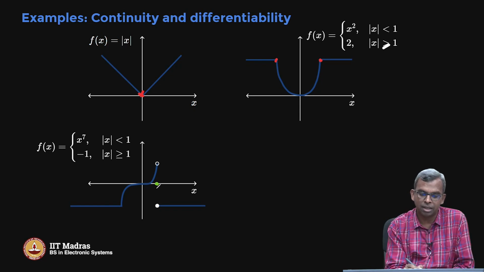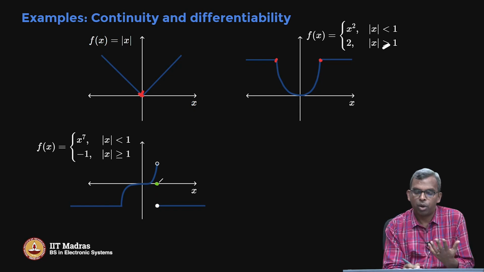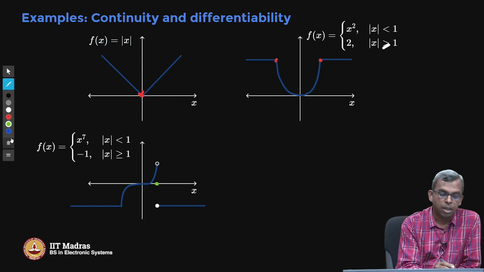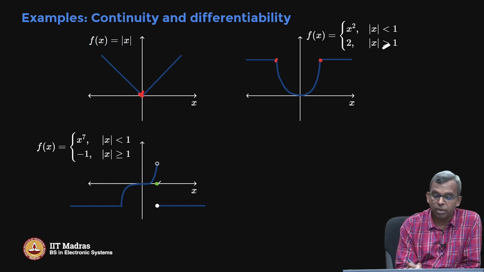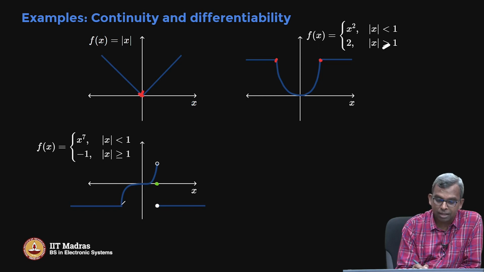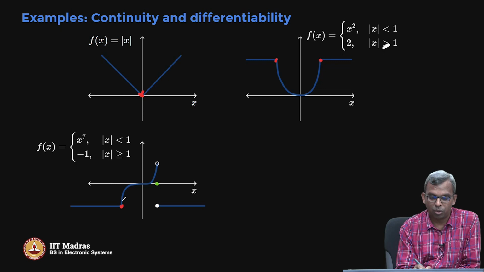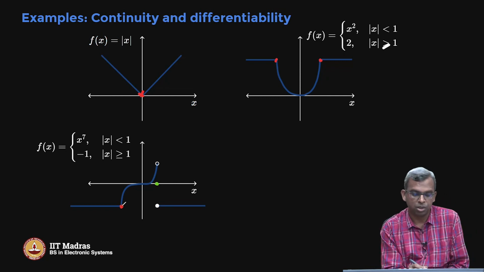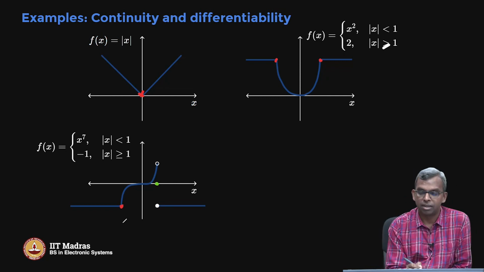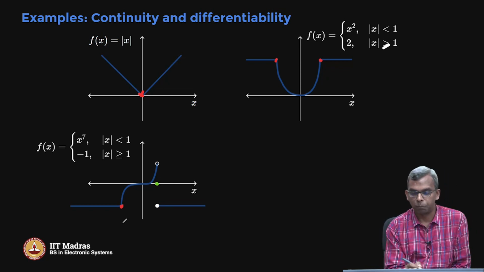That green is the point where it is not continuous, but that is not the only place where it is not differentiable. Everywhere else it seems okay, but there is a little problem here too. At x equals -1, the function is not differentiable because the slope here clearly varies sharply from the slope there.